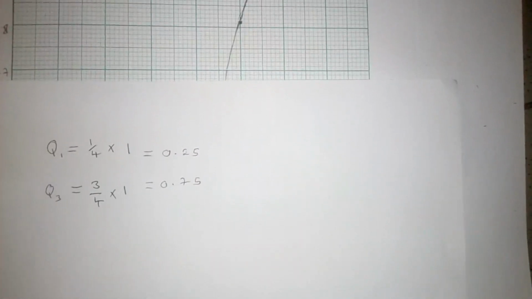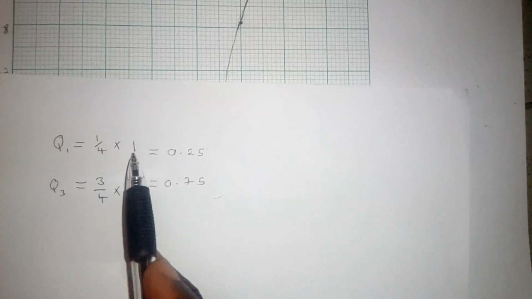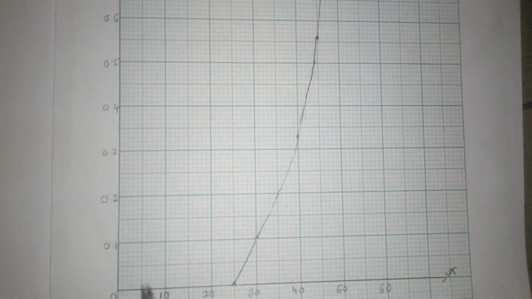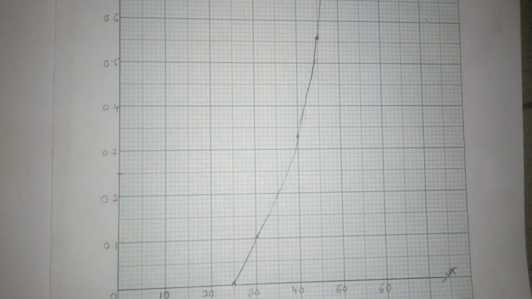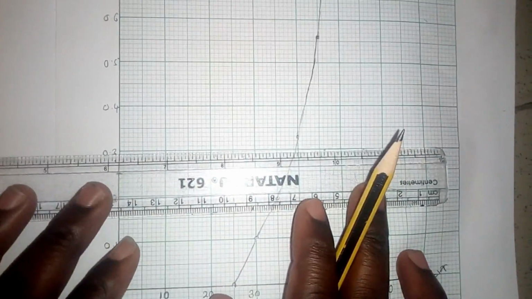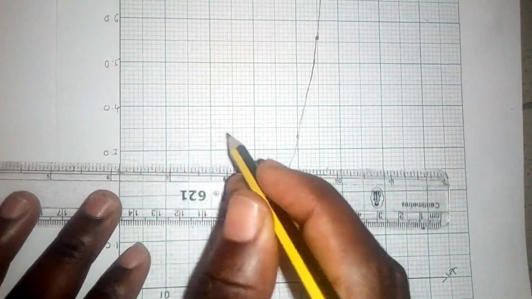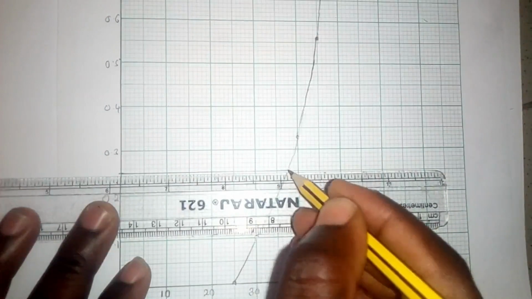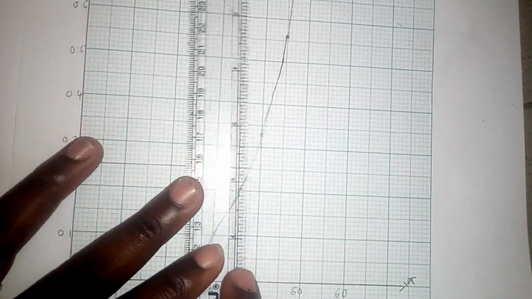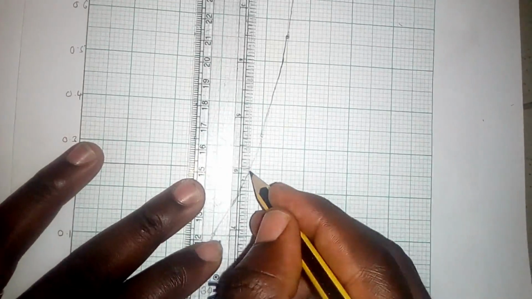But what we've just found are not the quartiles. So we now need to find the quartile. The first quartile is at 0.25. So we check, where is 0.25? It is supposed to be here, in between 0.2 and 0.3. So what we do here is we make a line like this, where it's falling, touches here, and then let that line drop like this.